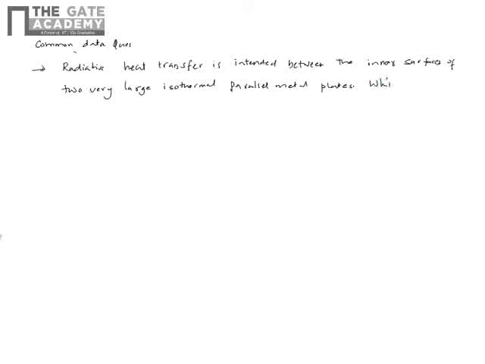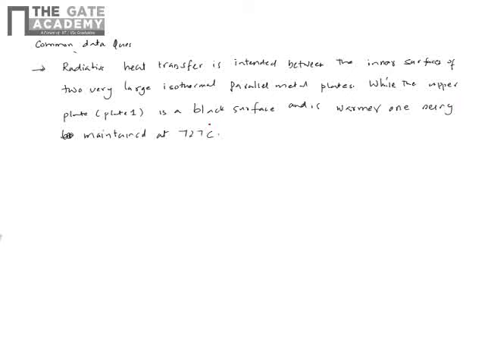The upper plate, which is plate 1, is a black surface and is the warmer one, maintained at 727 degrees Celsius.